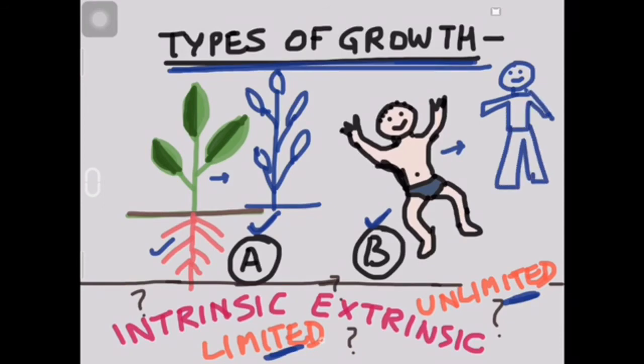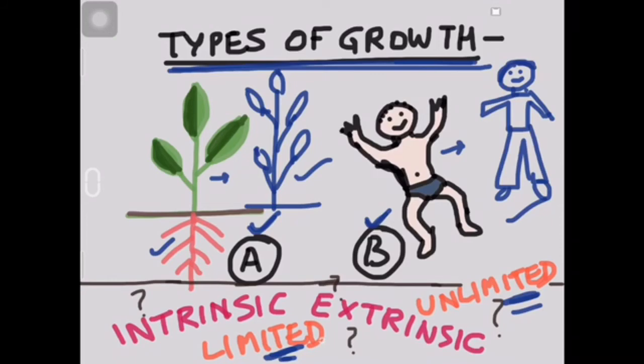So both are showing growth, being living organisms. Which of the two, A and B, is showing limited growth? Plant or this child, that is animal?